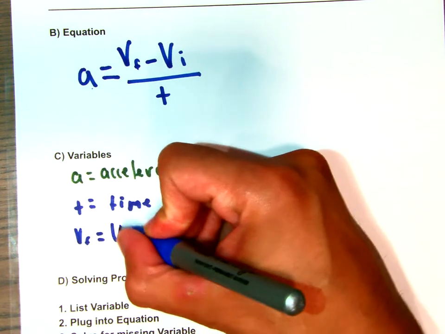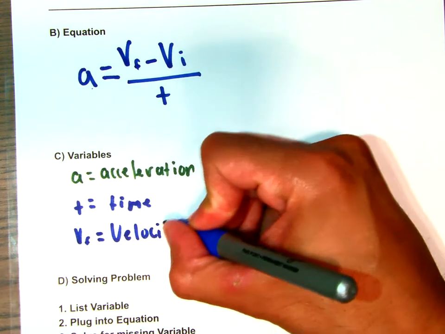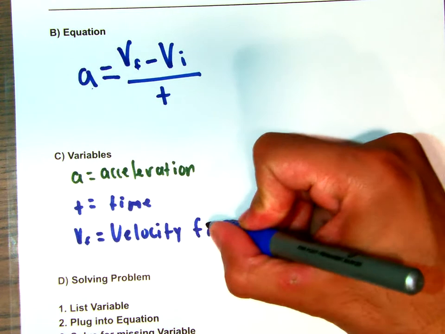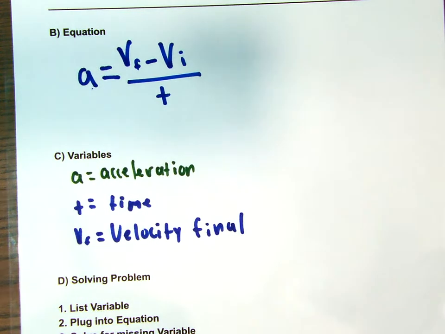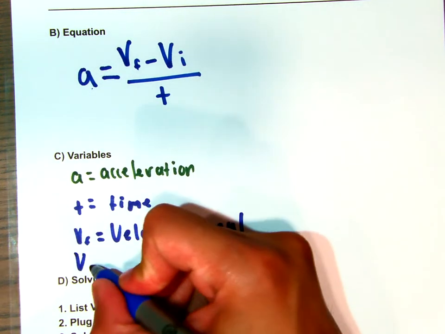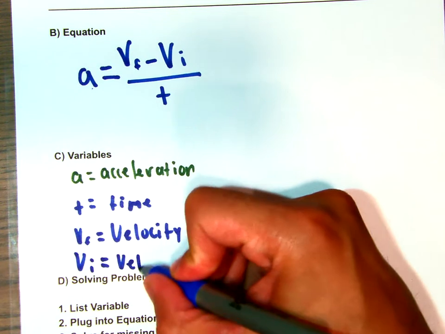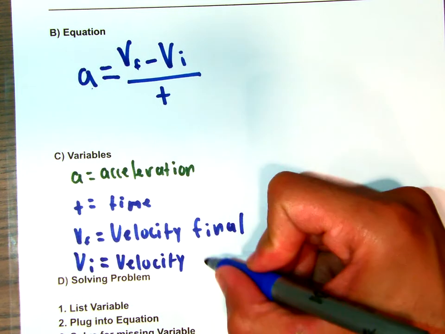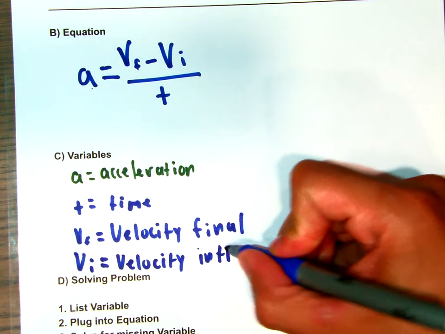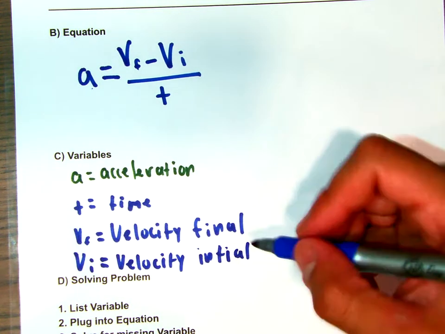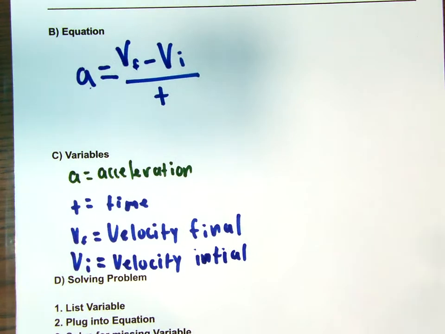That just stands for velocity final. Okay, what was my final speed? Then we have VI, which is my velocity initial, or my initial velocity. So what's initial? It's just what was our starting velocity.